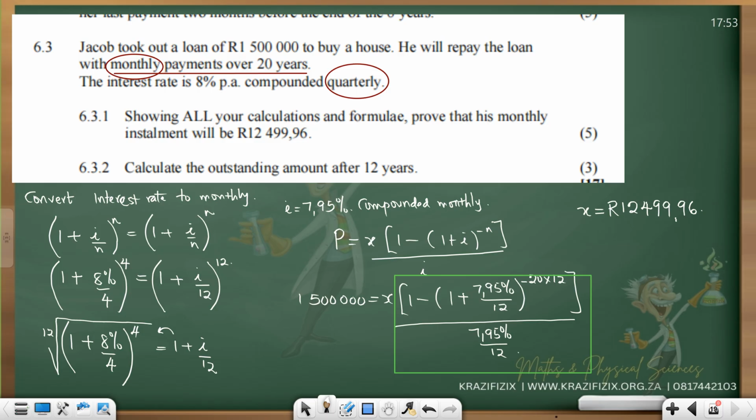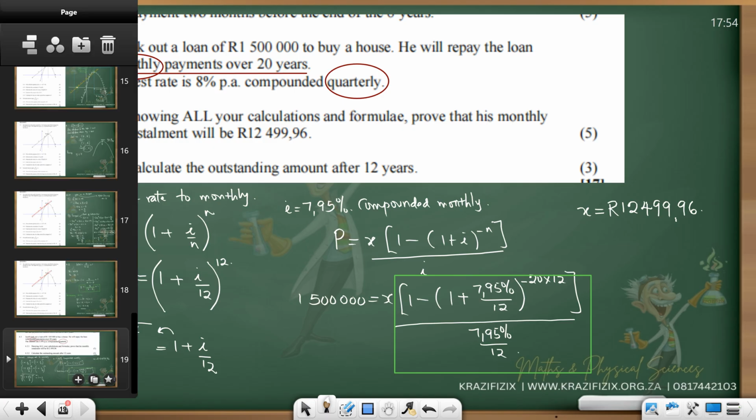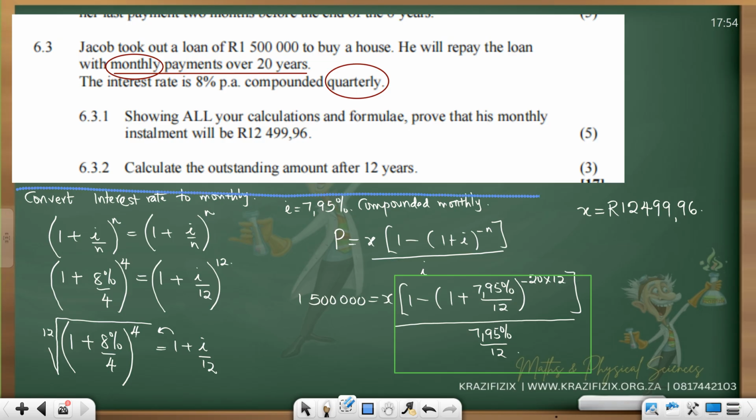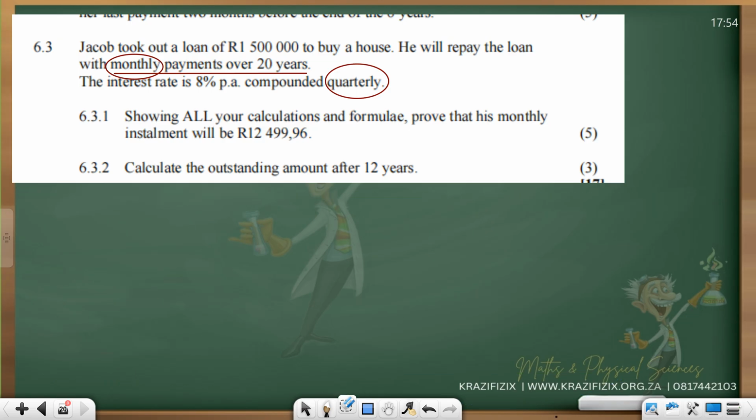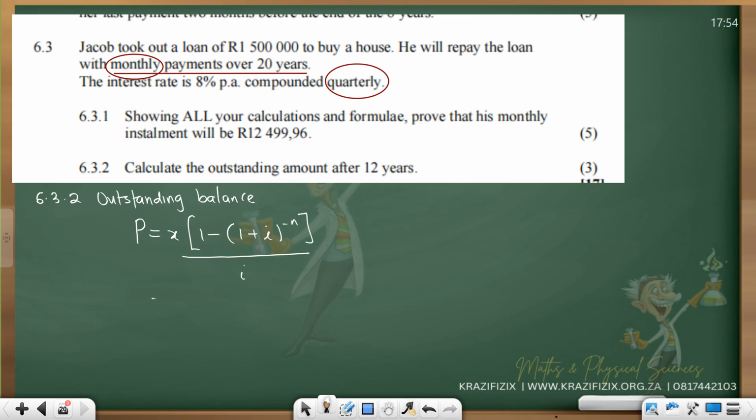Outstanding balance. Common financial maths question. How do we get outstanding? We use the P formula still: X, 1 minus 1 plus I, negative n, over I. What is our X? Monthly.